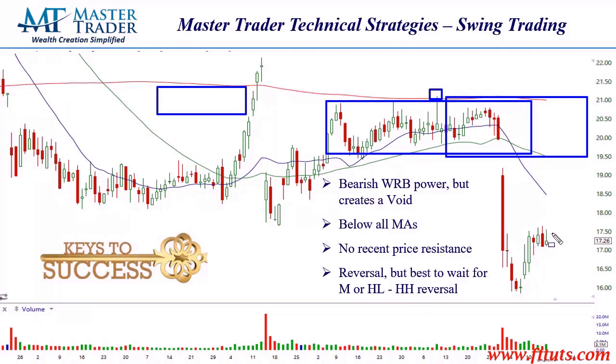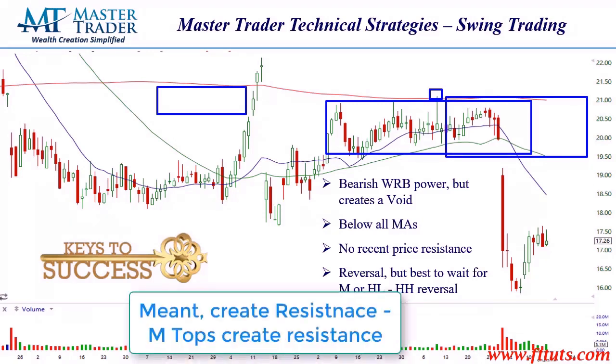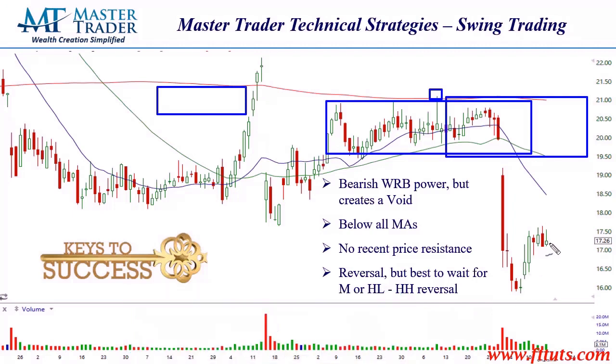So what do we do here? Well, it can happen in a few ways. It could either set up an M-top, which creates support, and I like that kind of a pattern where maybe it pulls back a little bit and then comes back up, and it's created a resistance point up there, I should say, and that could give us a shorting opportunity.